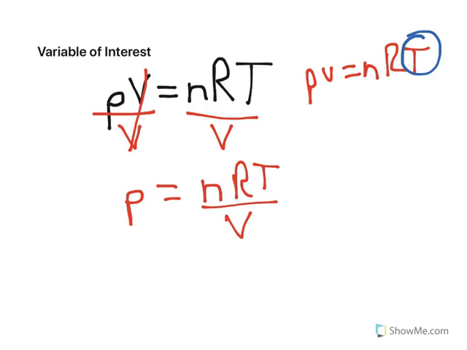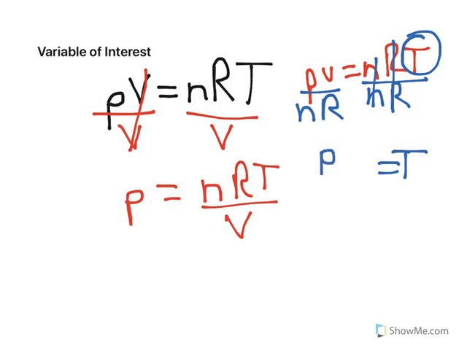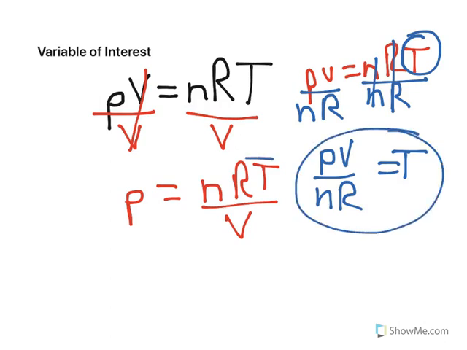We need to get T by itself, so we need to get rid of the N and the R. So if you divide both sides by NR, then N divided by N is 1, R divided by R is 1, so you get 1T on the right, and on the left you get PV over NR. There you solve for temperature. Here you solve for pressure.